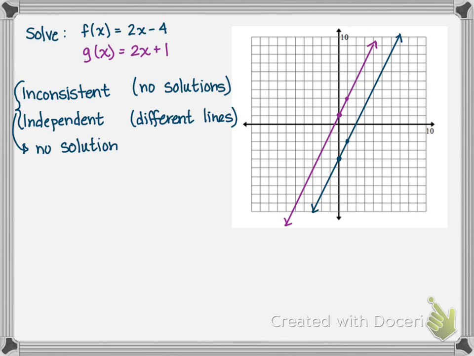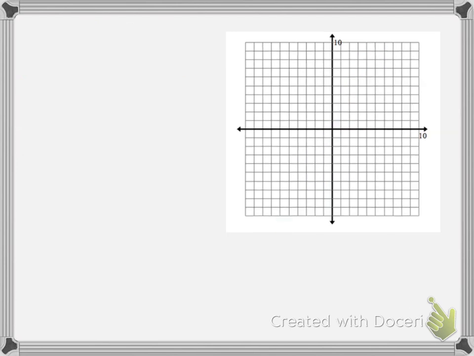And like I said, it's really nice to graph these guys to see what it looks like to have no solution, a solution, or the same line. But it's sort of impractical to solve by graphing as soon as we get into less simple equations, right? So if I have a line like this and a line like that, it's too close.